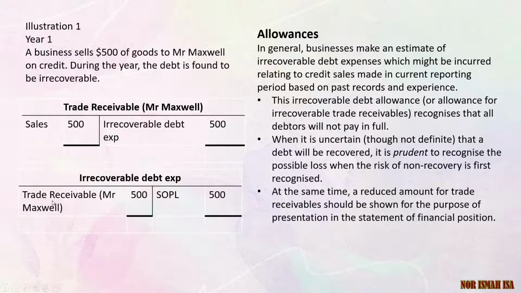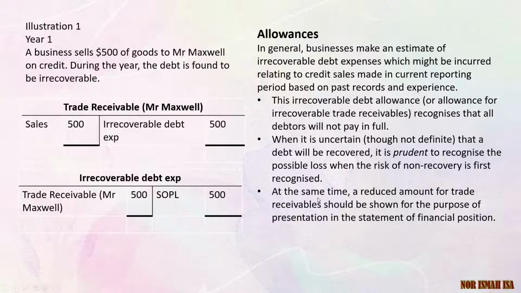So we debit this account by 500. At the end of the accounting year, this amount should go to the statement of profit or loss as an expense. So this will decrease the profit for the year.